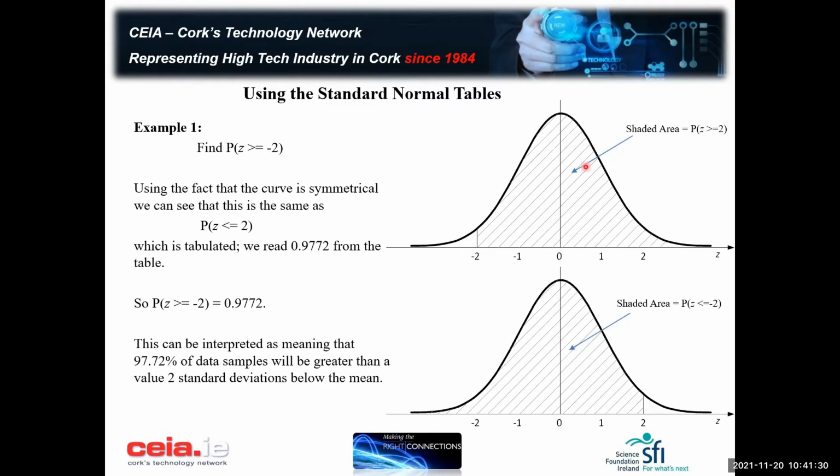So this shaded area is the probability that z is greater than or equal to -2. But you can see by symmetry that it's equal to this shaded area. Just flip this whole thing around and you get the same area, but now it represents the probability that z is less than or equal to +2.